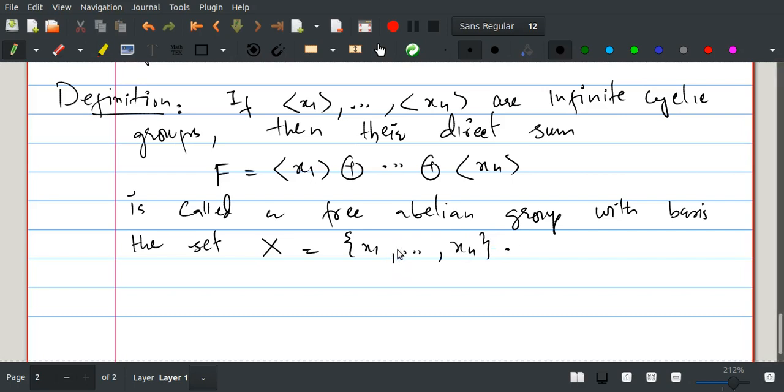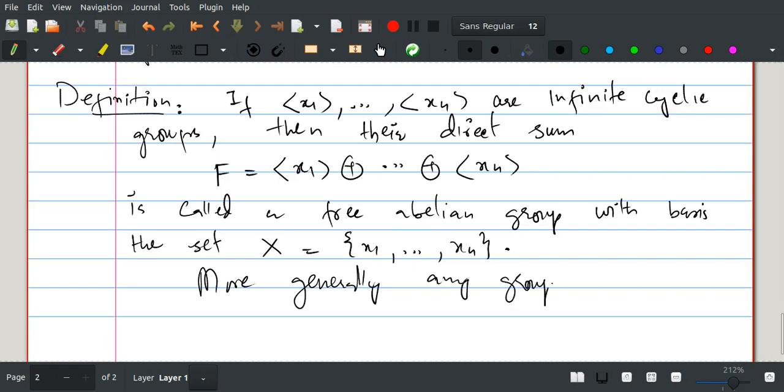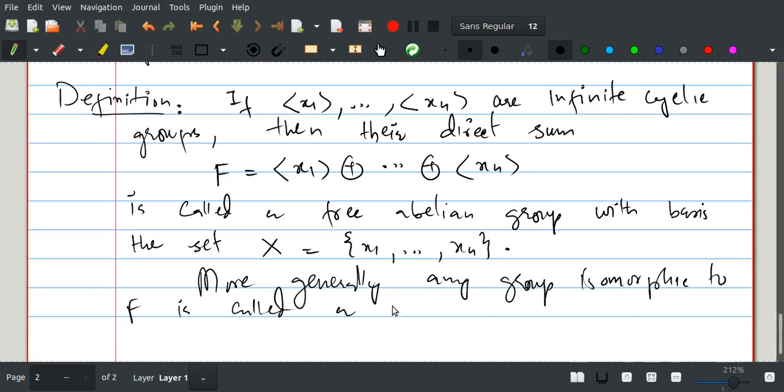More generally, any group which is isomorphic to F is also called a free abelian group.